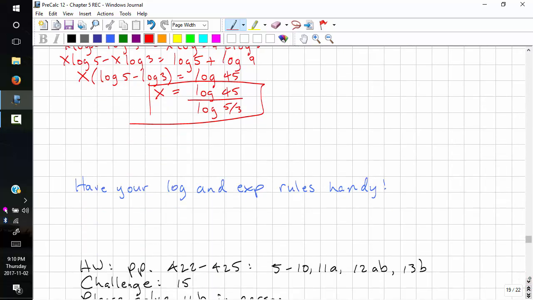Okay, so to do this stuff, have your log and exponential rules handy, but if you've worked with them enough, I think you'll memorize them.